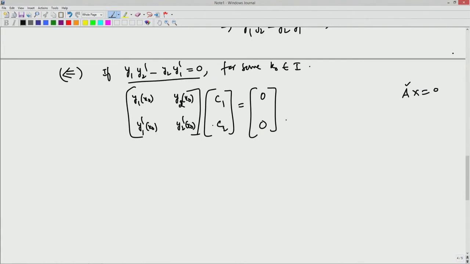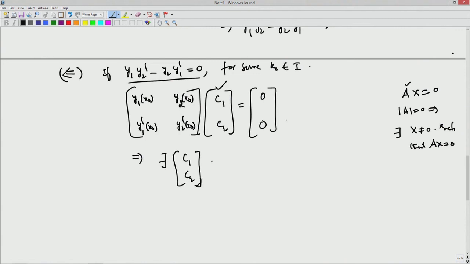You know that this determinant is 0, that is what is given. If the determinant of A is 0, I will have a non-zero solution. There exists a non-zero vector such that Ax equal to 0. So there exists a non-zero vector c1 c2.